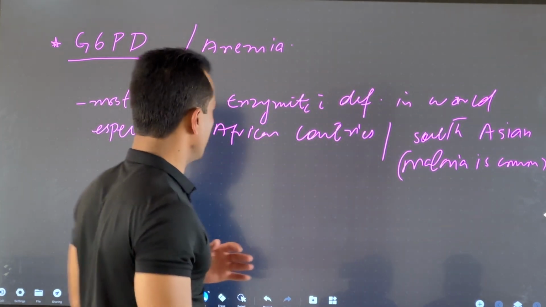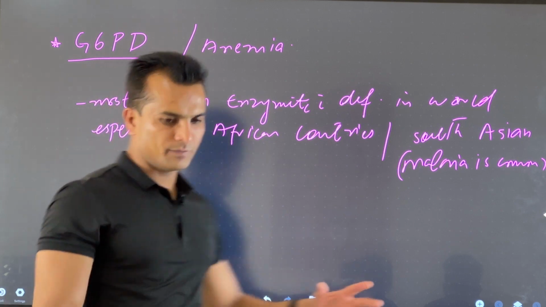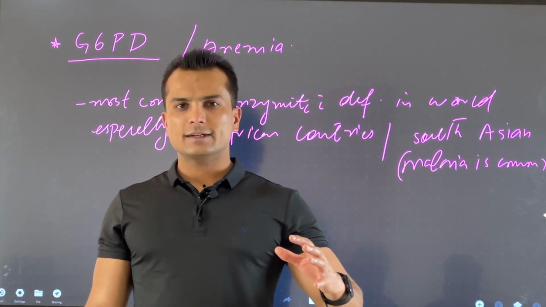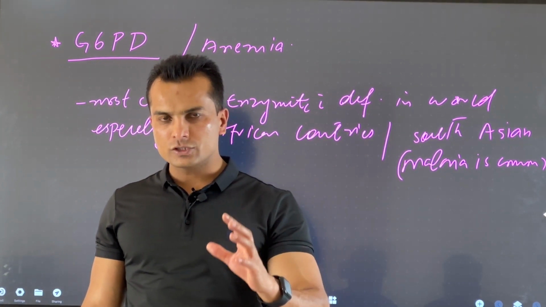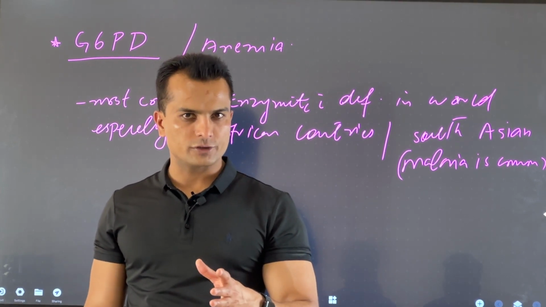So what happens basically, and what is G6PD deficiency anemia? Remember that G6PD, glucose 6-phosphate dehydrogenase, is the rate limiting enzyme for the HMP shunt.